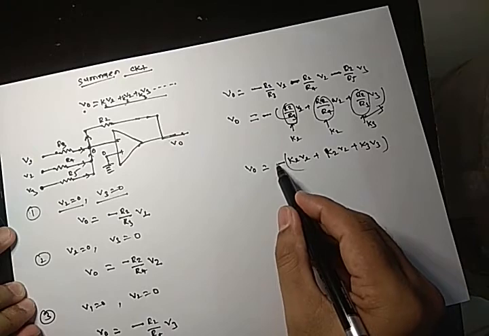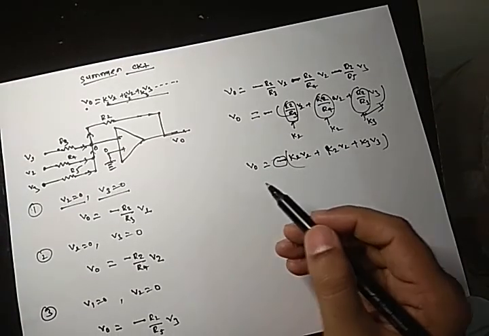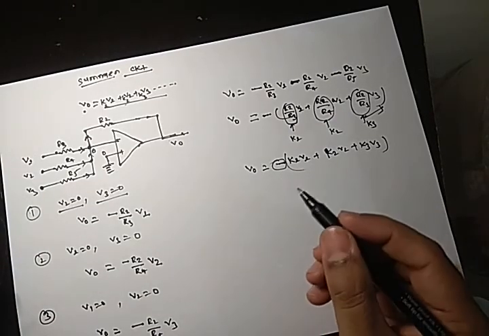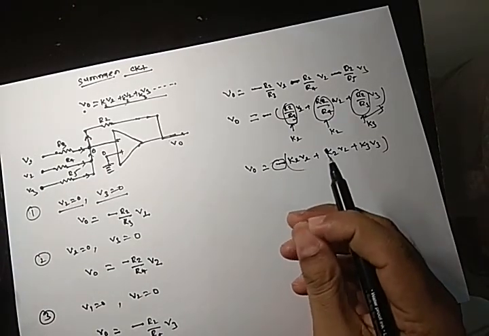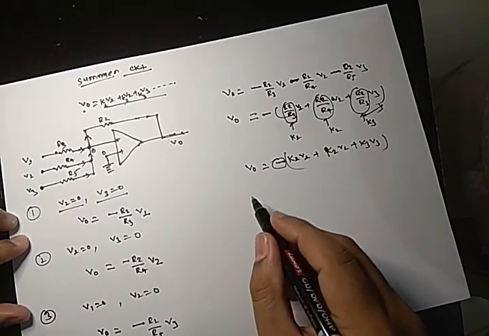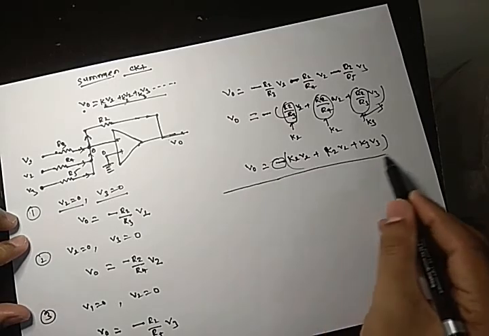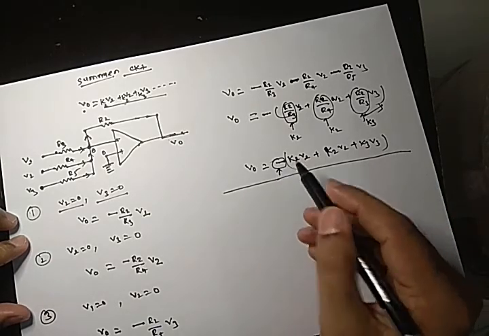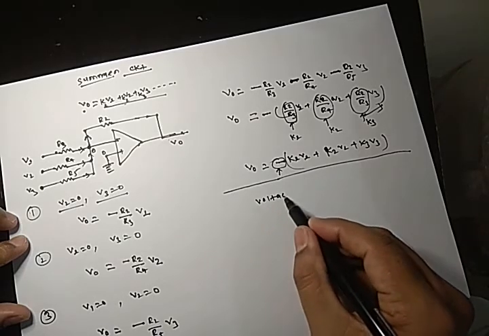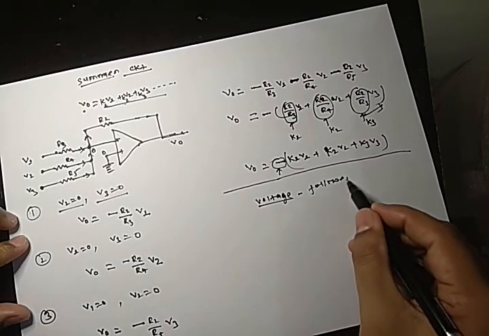Now we need to remove this minus sign, then only it will become a summer circuit. This can be done very easily. How will it be done? If we put another inverting circuit across, then this minus will be changed to a plus. This is just a voltage follower type circuit.